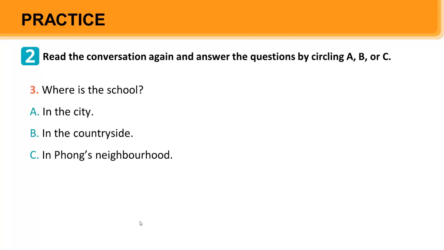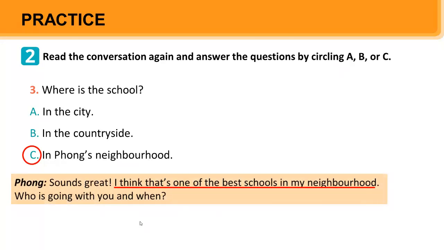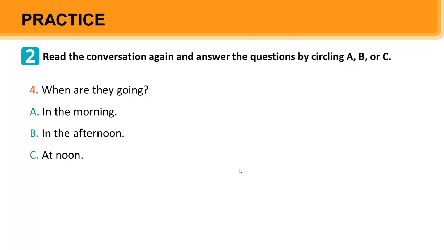Question number 3, where is the school? Now the answer is in Phong's neighborhood. And the clue: I think that's one of the best schools in my neighborhood. Number 4, when are you going?